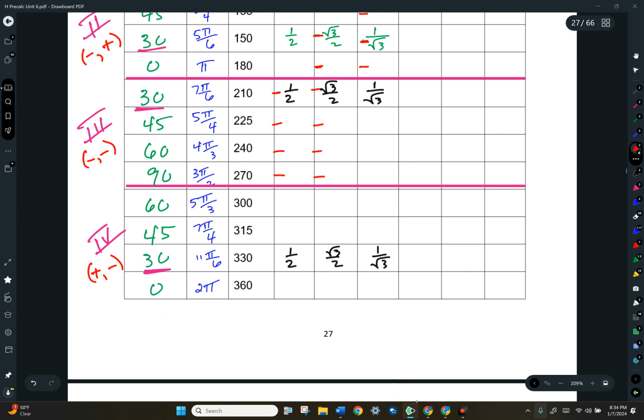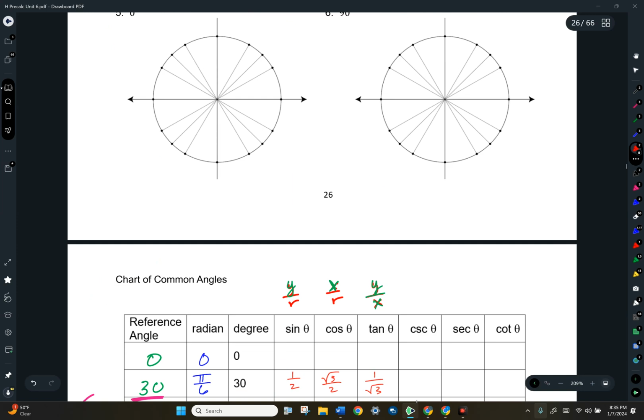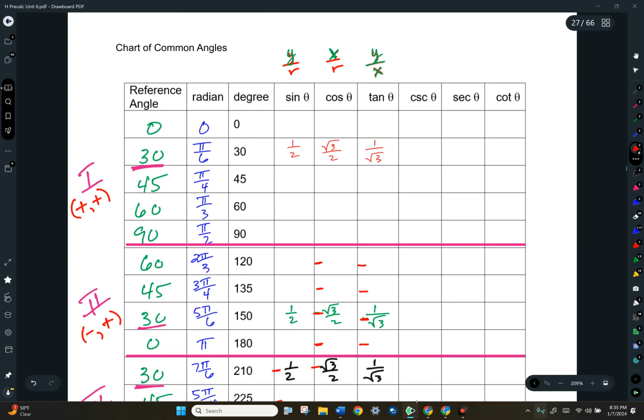And in the fourth quadrant, since the y is negative, the sine is going to be negative. But the x is positive, so the cosines are going to be positive. And then the tangents are going to be negative over positive, so all of the tangent values are going to end up negative. So determining whether the value is positive or negative all depends on the quadrant.